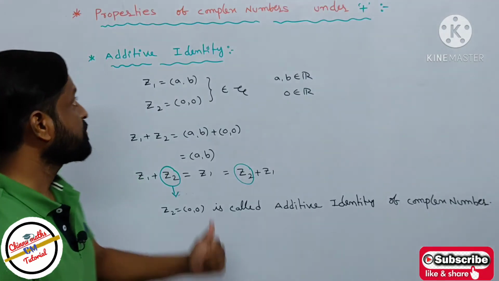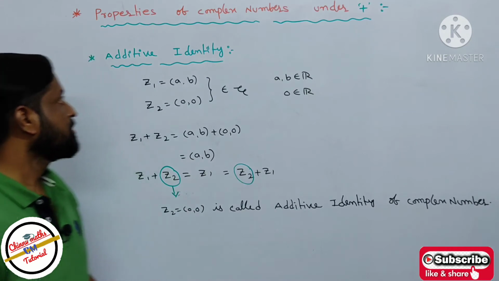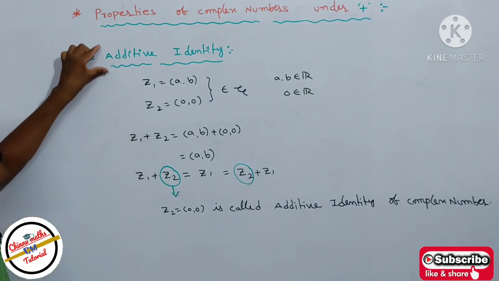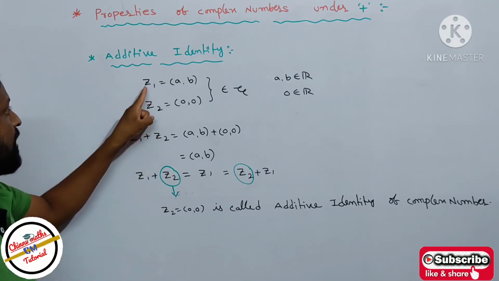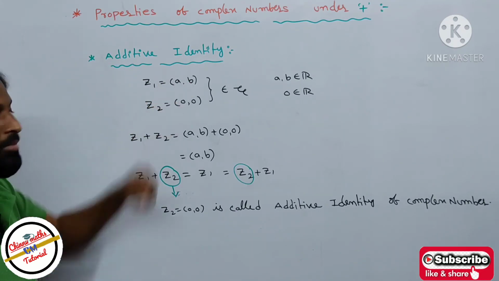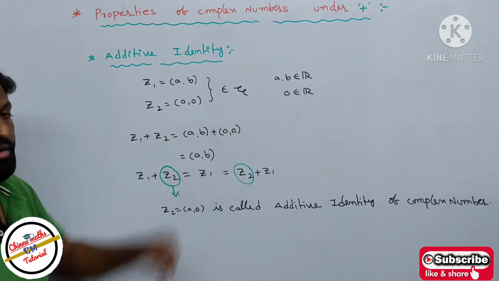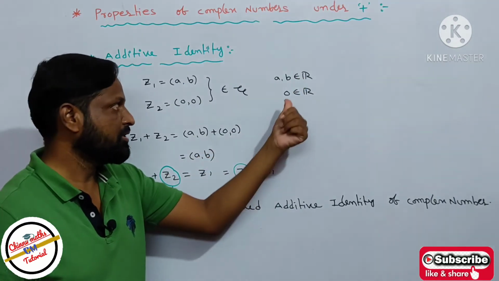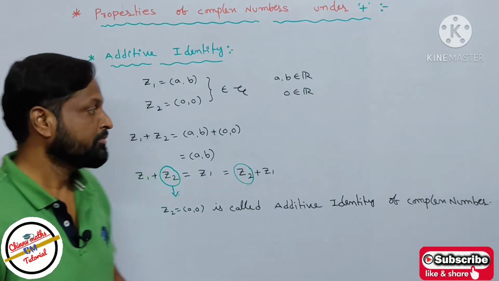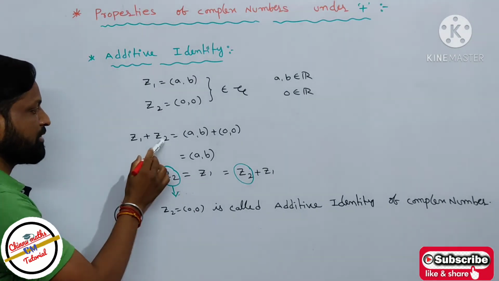Next, we discuss properties of complex numbers under addition. First, take the first property, additive identity. What does additive identity mean? I will take the complex numbers z1 equal to (a, b) and z2 equal to (0, 0). Both belong to the complex numbers, and a, b and 0 belong to the real numbers. Let's take the addition of the two complex numbers, z1 plus z2.